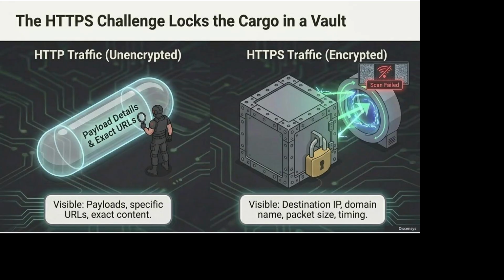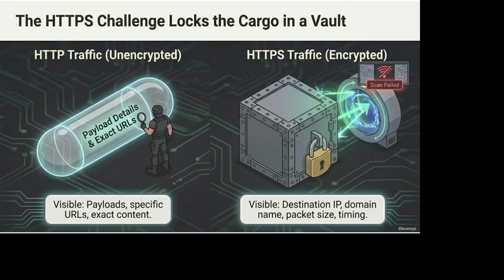And now let's try to understand the HTTPS challenge: it locks the cargo in a vault. How does it happen? Without directly entering into HTTPS, let's begin with HTTP, right? HTTP traffic is unencrypted.